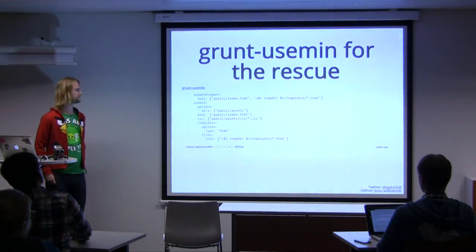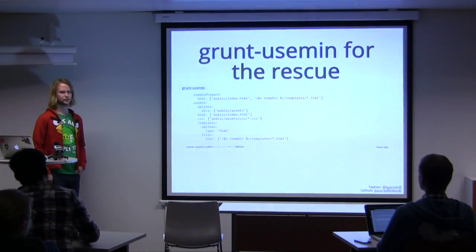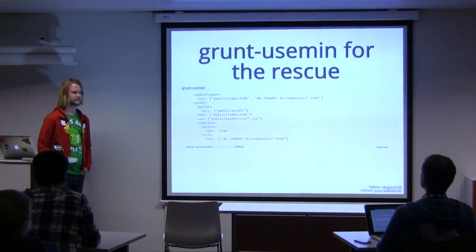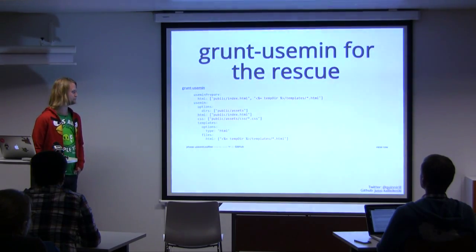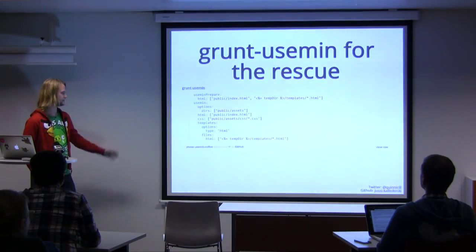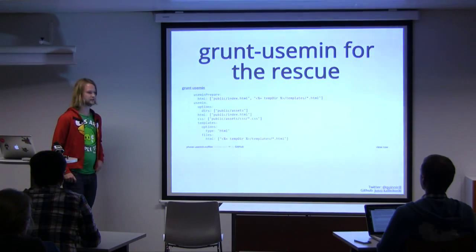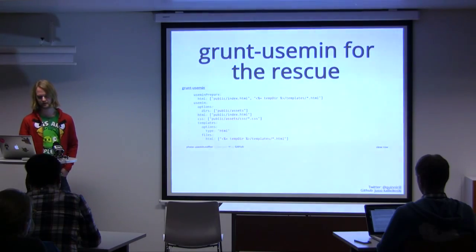Grunt usemin basically goes through your HTML and CSS to find the links that don't match any file, and it detects if you've used grunt-rev for the files and knows which file to change the link to, so it fixes all the broken links for you, which is quite nice because let me tell you, you don't want to do this manually.